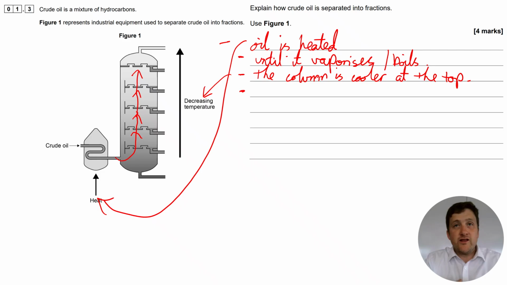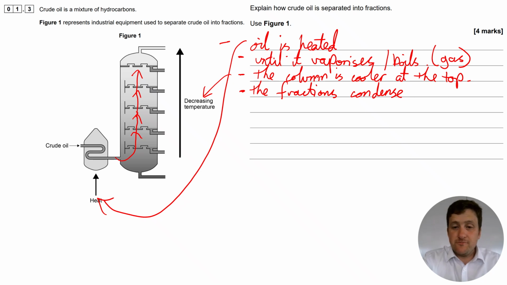And then we talk about why. This is our description of what's the point of this. Well, those fractions, or hydrocarbons, you can call them hydrocarbons. We tend to call them fractions because it's not a specific set hydrocarbon. It's a group of hydrocarbons within a range of lengths. The fractions condense. They condense because they turned into a gas up here, so they're going to turn back into a liquid.